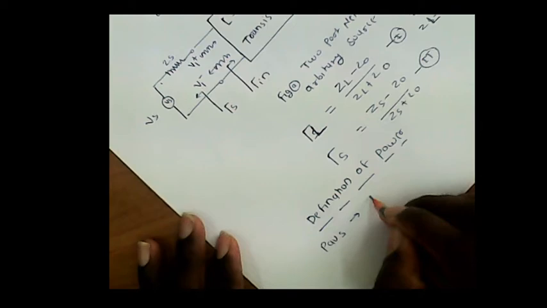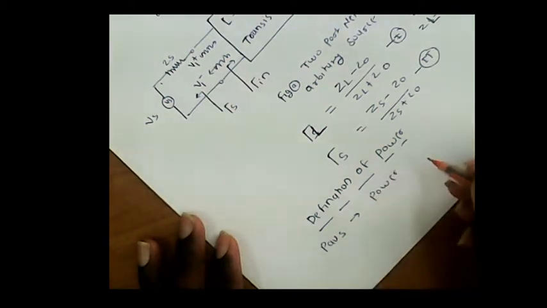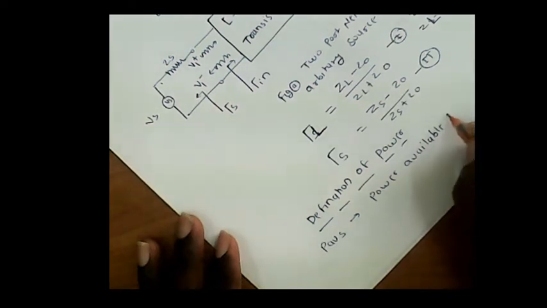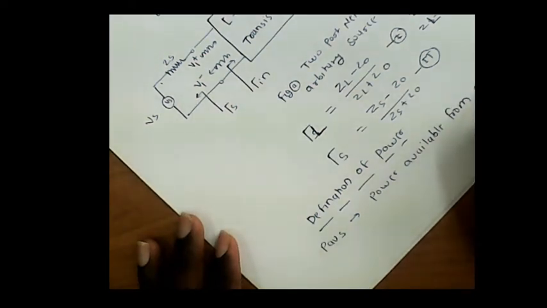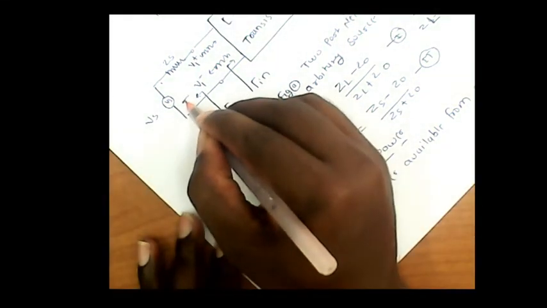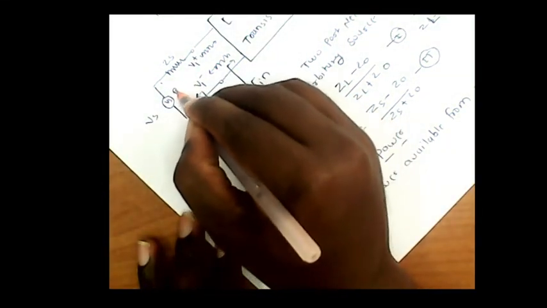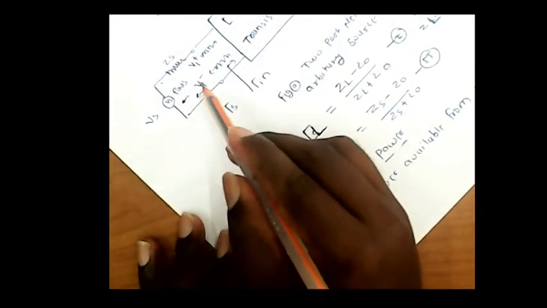So that is called power available from the source. That is PAVS, the power available from the source.